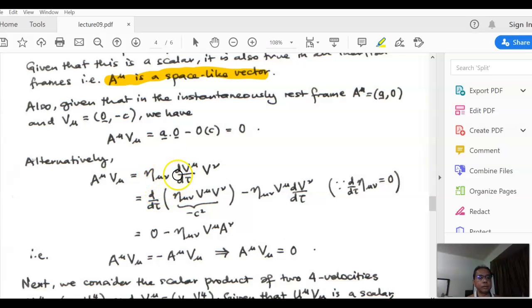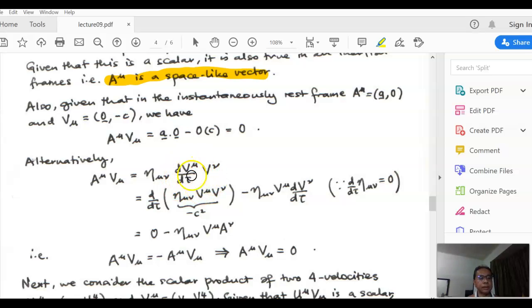What we can do is see that this is a total derivative of this object, minus the derivative acting on just one of the v's and not on the other.